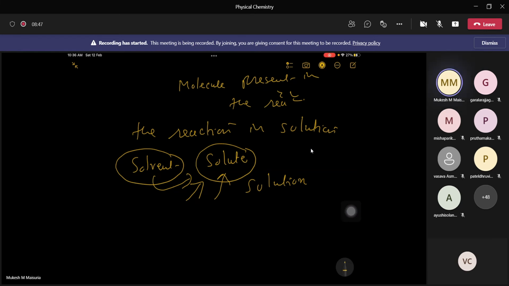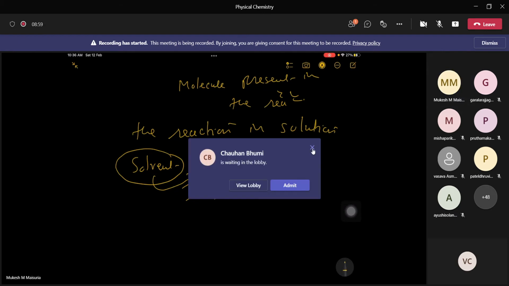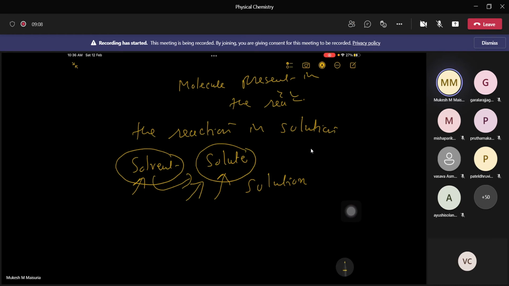We know that in many reactions the concentration of solvent is very high, so we can consider that its concentration should remain constant.